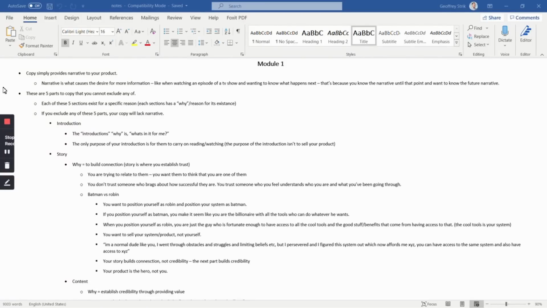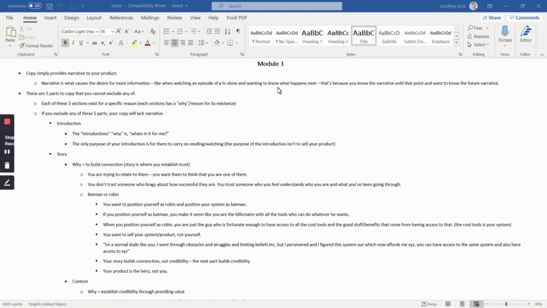All right, guys. So we'll start getting into the copy now, just to provide you with an idea of what copy is. Copy simply provides narrative to your product. Narrative is what causes the desire for more information, like when watching an episode of a TV show and you're wanting to know what happens next.